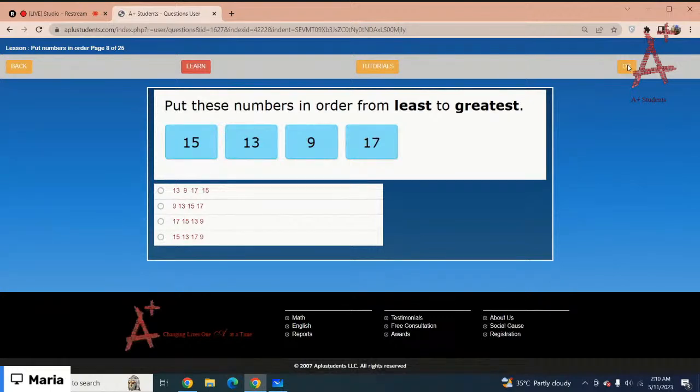Okay, put these numbers in order from least to greatest. So which is the correct option? Very good. 15, 13, 9, and 17. So which is the correct option?